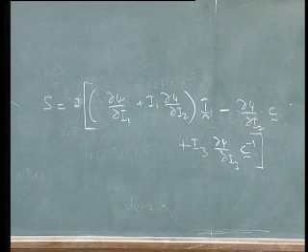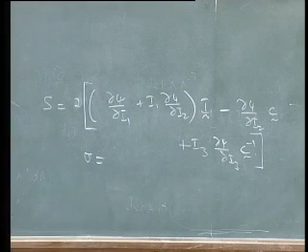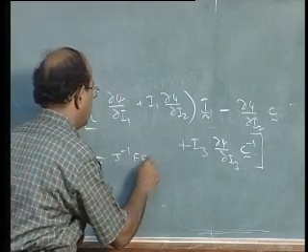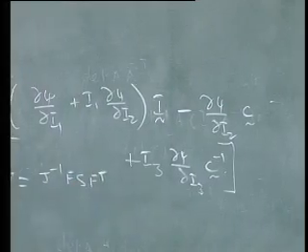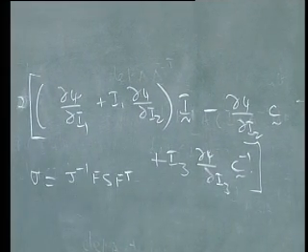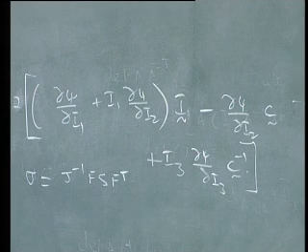You can also write this in terms of sigma. Please write that down. So in terms of sigma, sigma is equal to J inverse F S F transpose. Substitute that back.